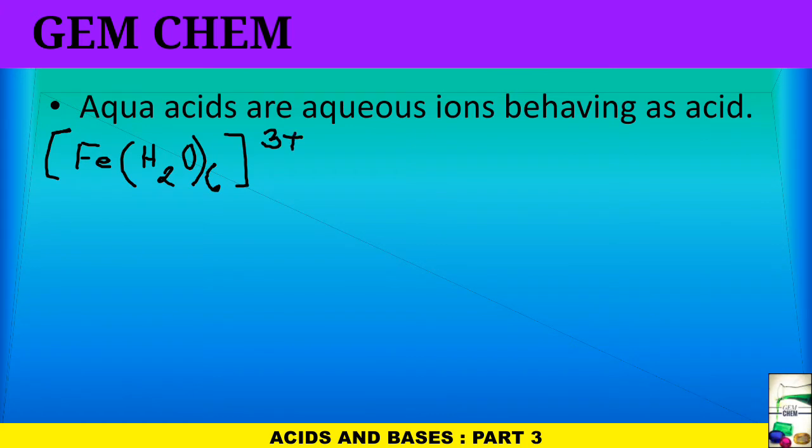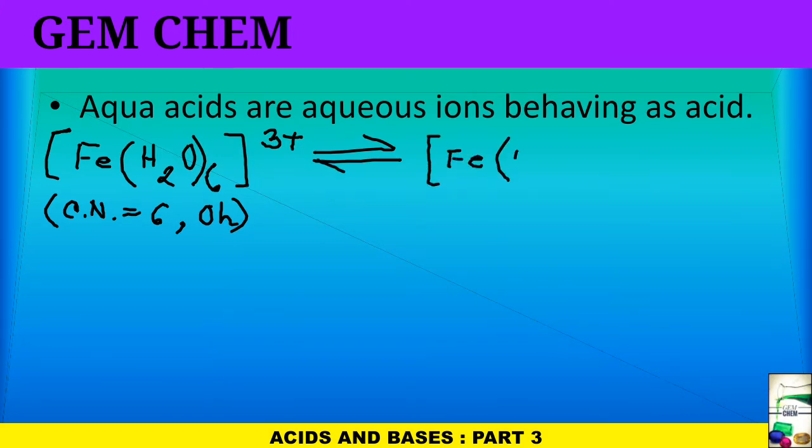So this has a coordination number of 6 and an octahedral structure, and on dissociating it produces Fe with 5 water molecules and 1 OH minus ion, and the charge becomes 2+, plus H+.